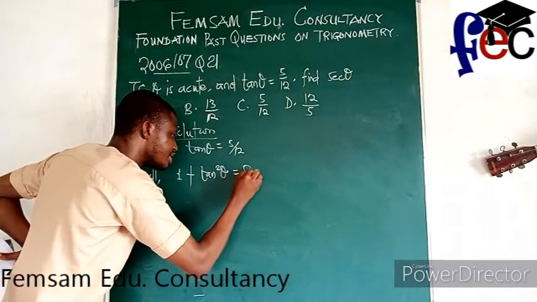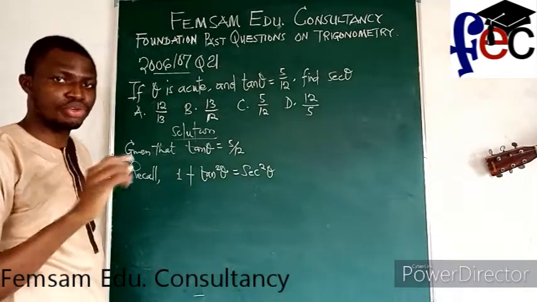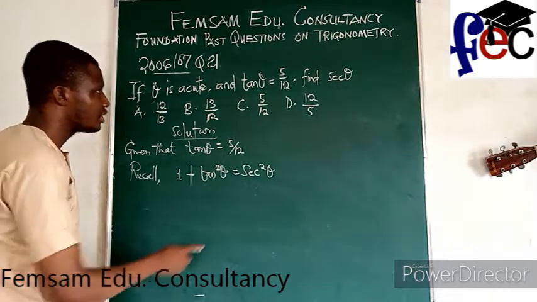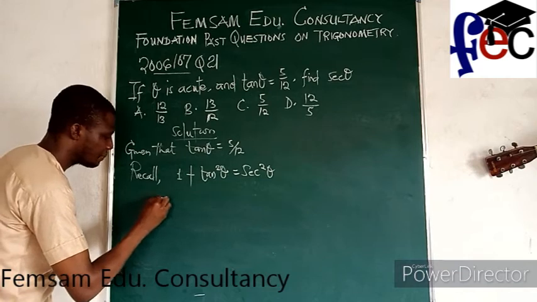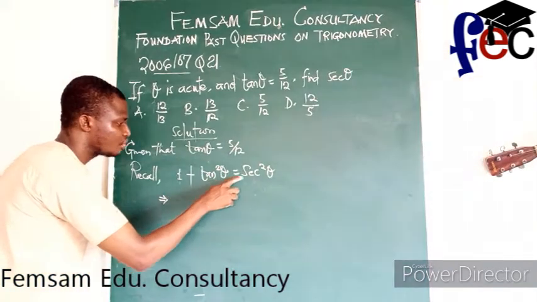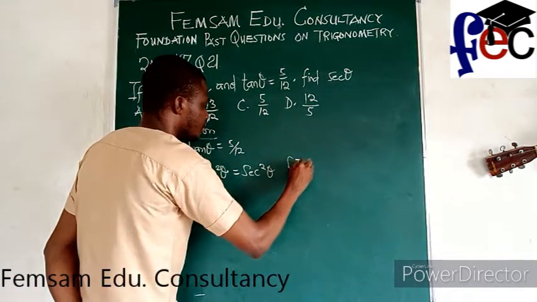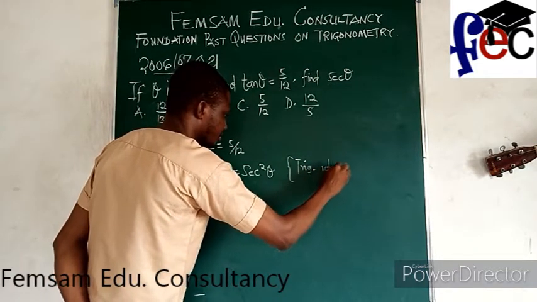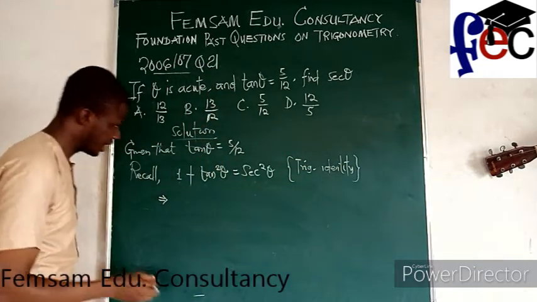That will give me sec square theta. That is one of the trigonometric identities. So I'm to look for this. That makes it easy for me. I can imply that 1 plus tan square theta is equal to sec square theta. Anyway, don't forget I got this from trigonometric identity. It's one of the trig identities.